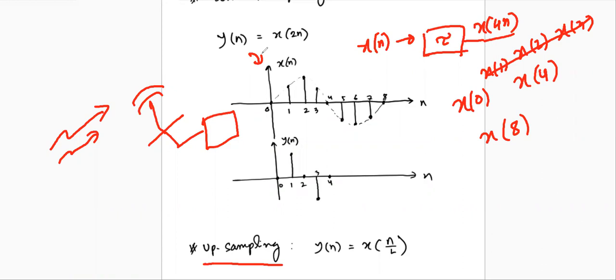So over a network or over a mobile network, you can always go for downsampling from the sending side, and afterwards in the receiving side you can go for upsampling and convert it to the original signal.